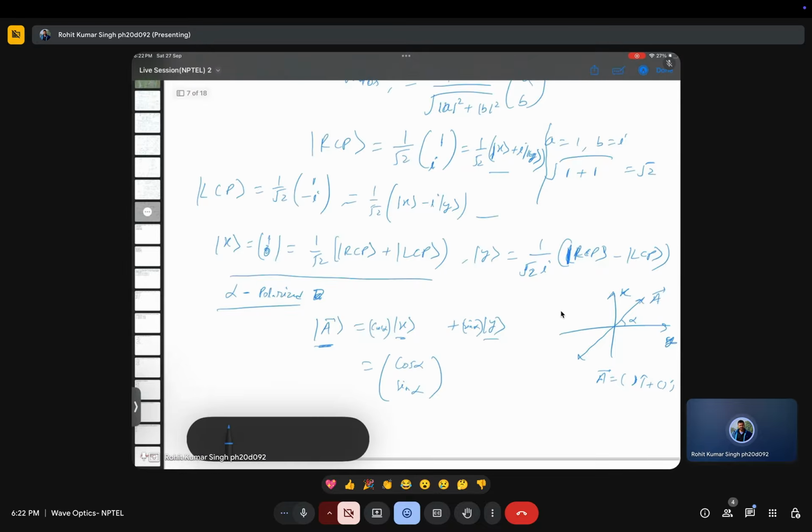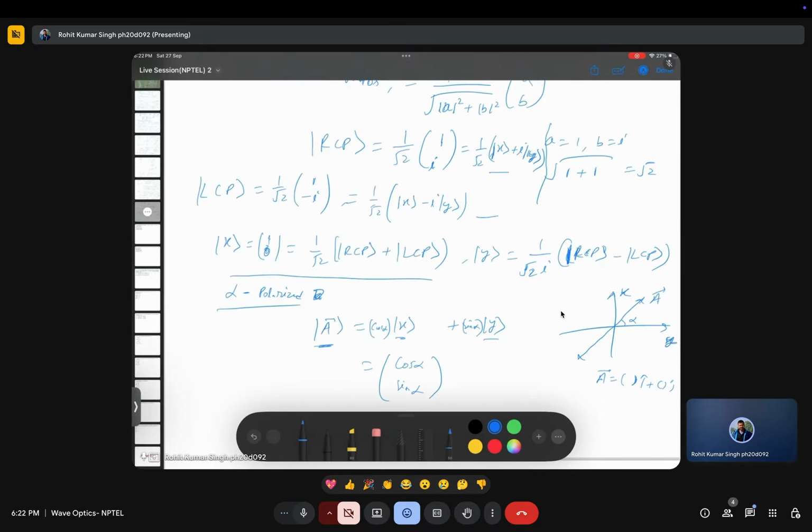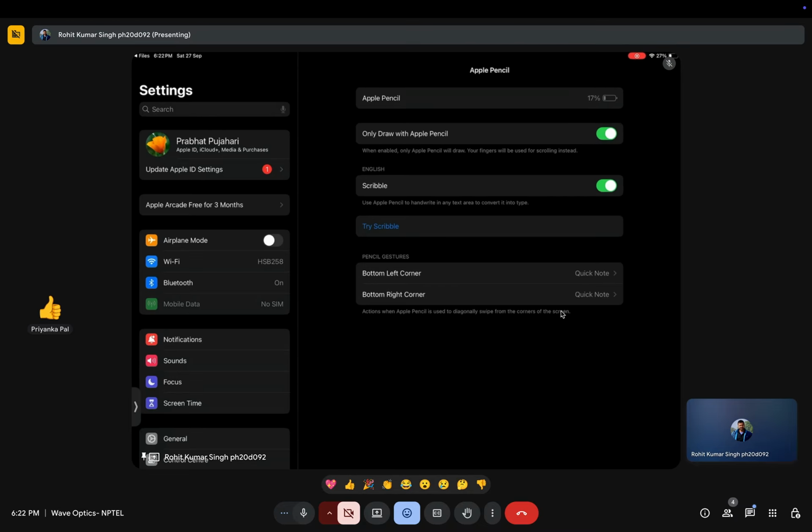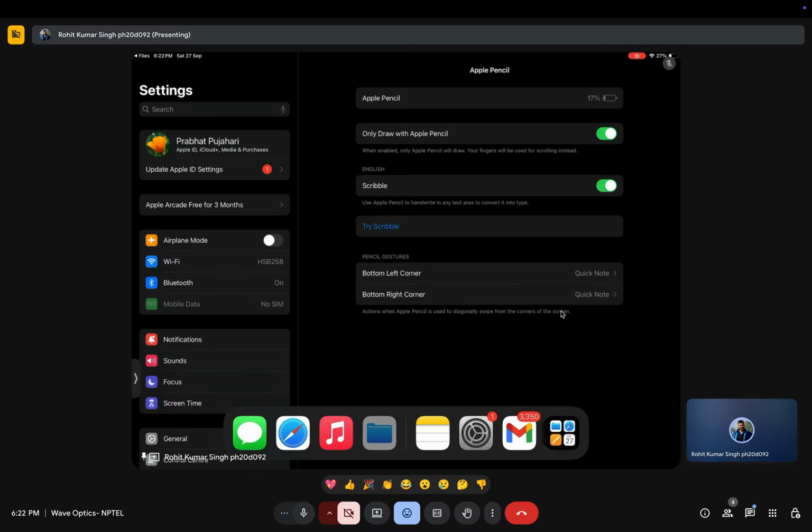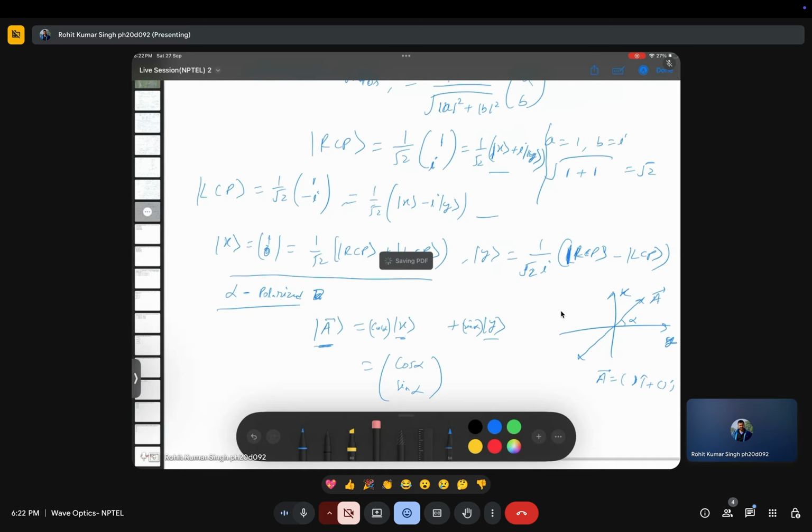Can I remove this part? I want to discuss one thing. Sorry. How do you increase the... Oh yeah. Okay.